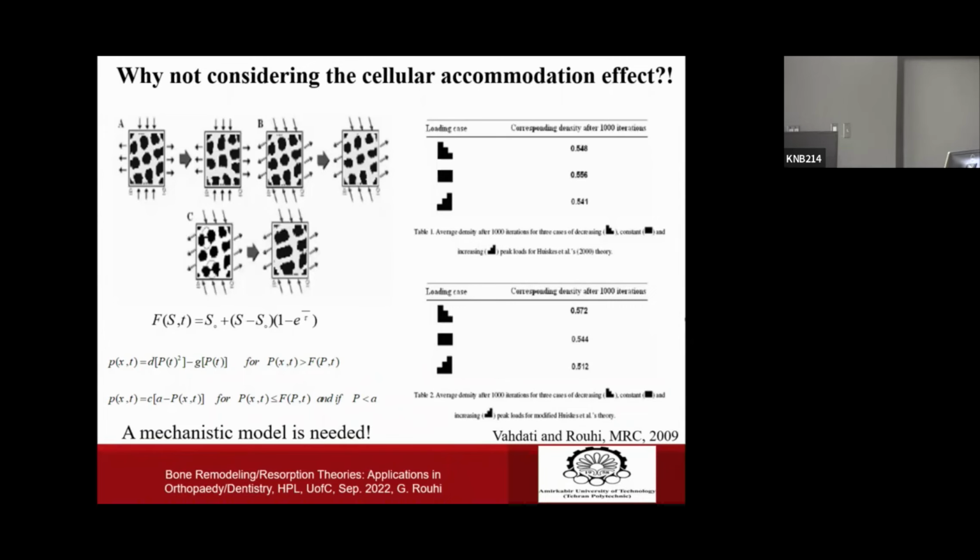I'm not in favor of Hoskins and co-workers considering a constant number for overuse, because I cannot predict where microcracks and resorption will be initiated. Based on experimental observation, the probability of resorption is related to the signal received by osteoclasts from osteocytes. So I cannot understand why we should use a stochastic approach.